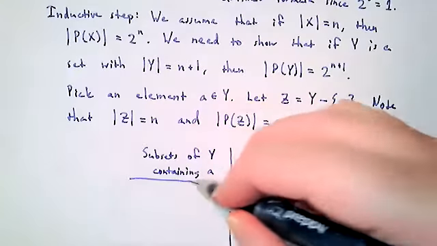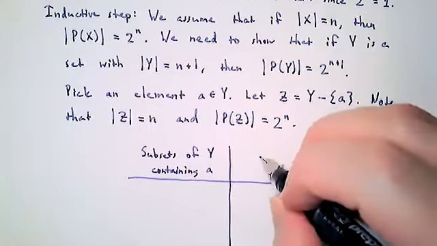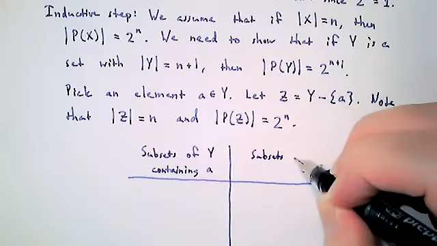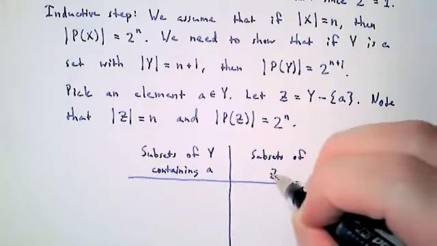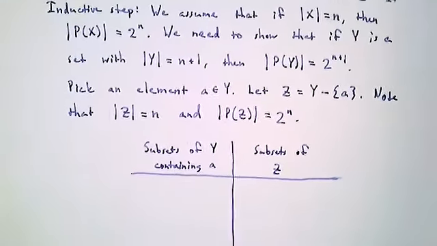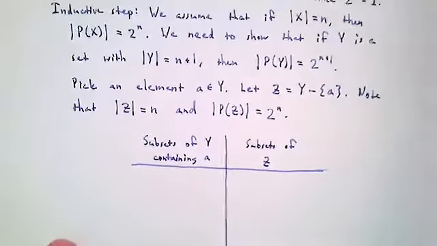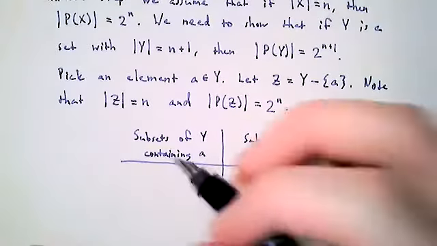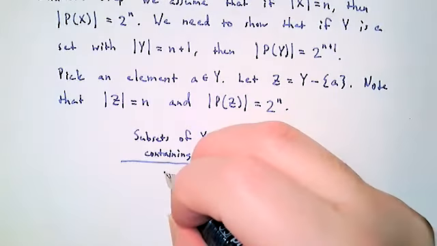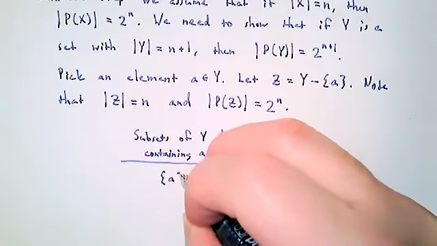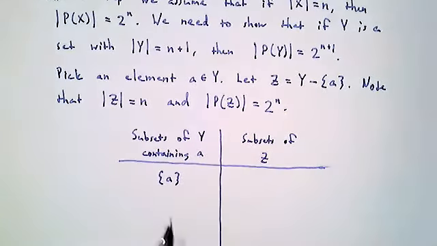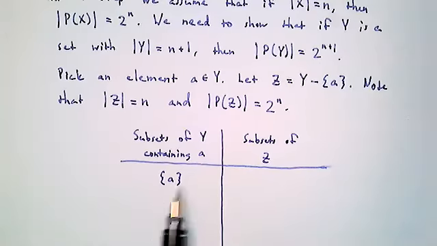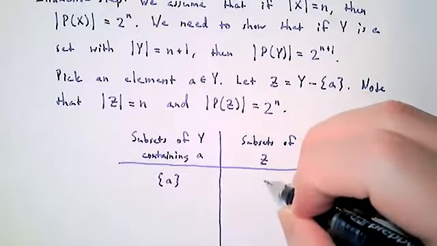And you'll see why in just a second. So if you think of the smallest subset of Y containing A, well, that's just the set containing the single element A. If I want to get the smallest subset of Z, I can throw that element out to get the empty set.